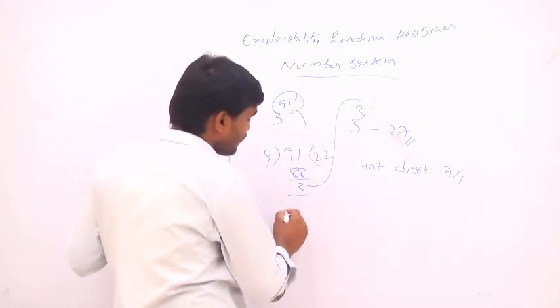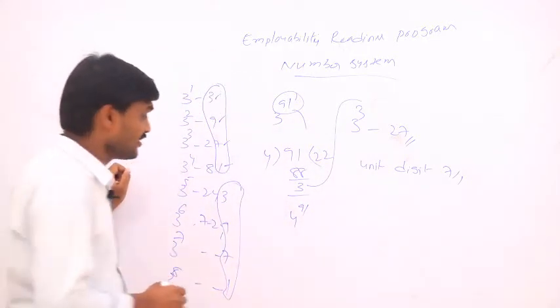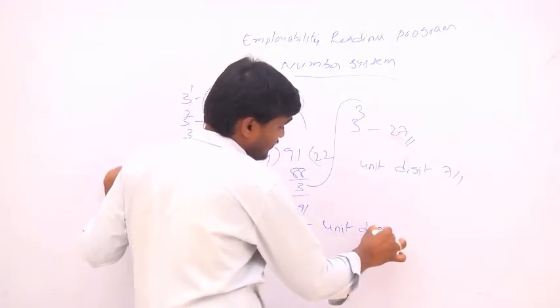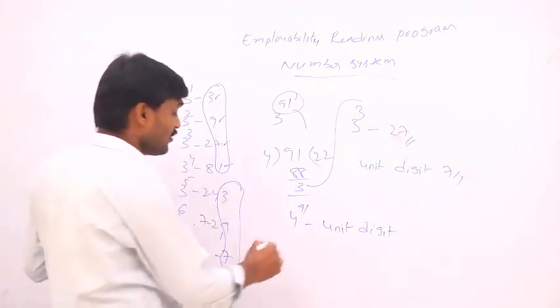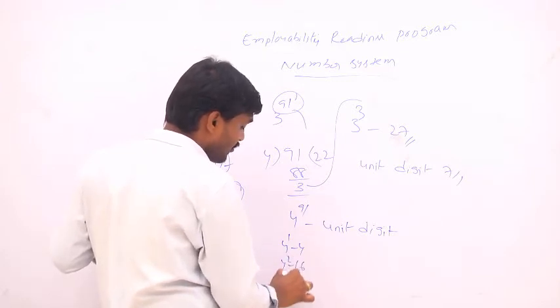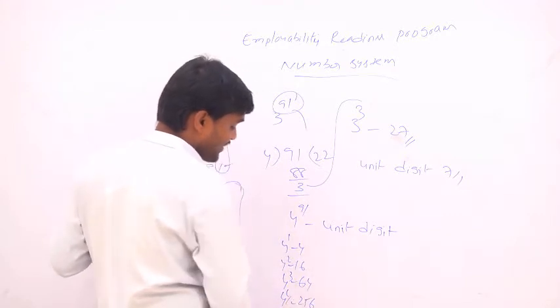Next, go to 4 power 91. If you want the unit digit of 4 power 91, 4 power 1 equals 4, 4 square equals 16, 4 cube equals 64, 4 power 4 equals 256.